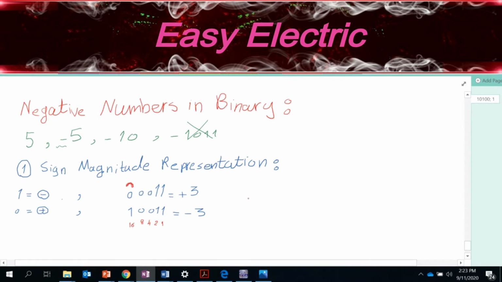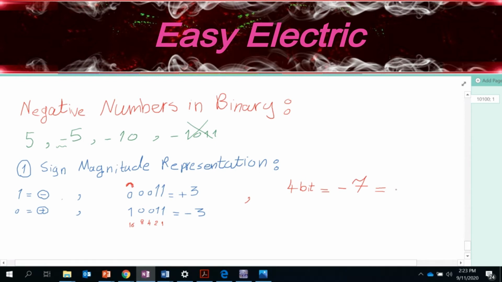So based on this, if your numbers are just 4 bits, and I want to represent negative 7, tell me how you could represent negative 7 using the sign magnitude representation method.